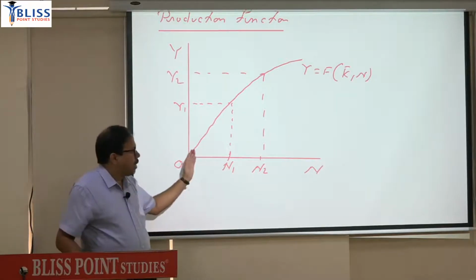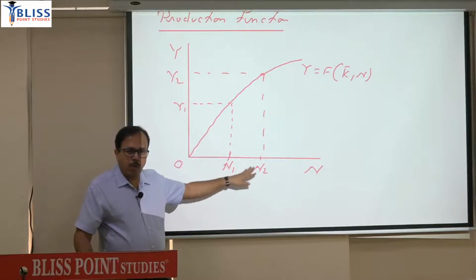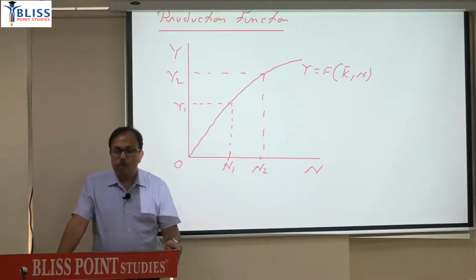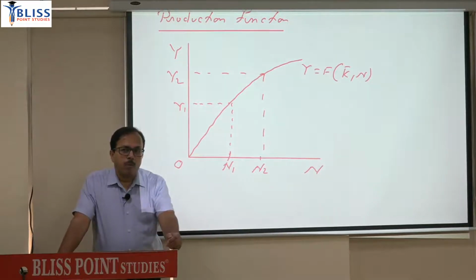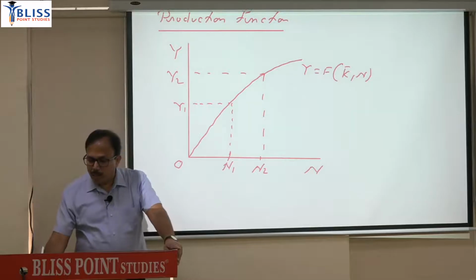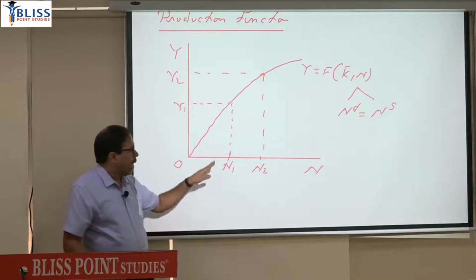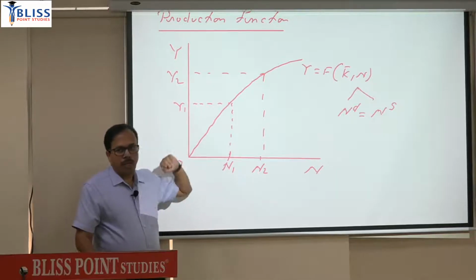So output basically depends upon employment. ठीक है? And employment depends upon how many labor will be employed. That will depend upon how much is the demand for labor and how much is the supply of labor. So this N basically depends upon labor demand and labor supply, and their equality will determine N, and then N will determine Y.